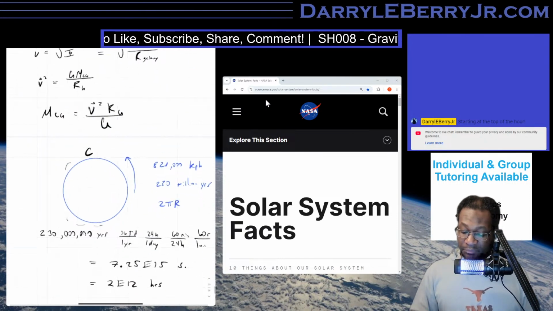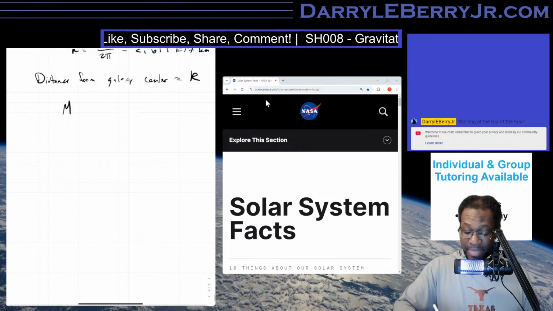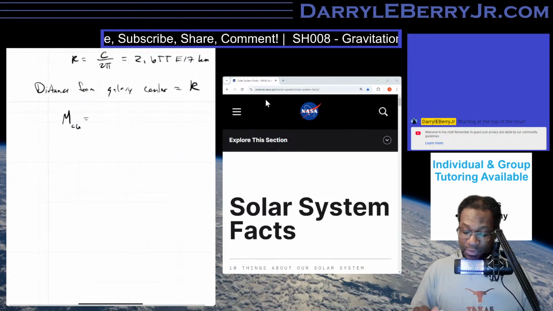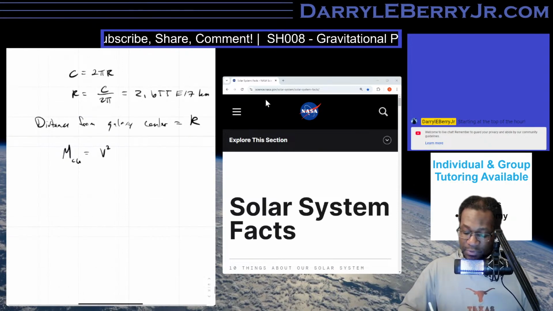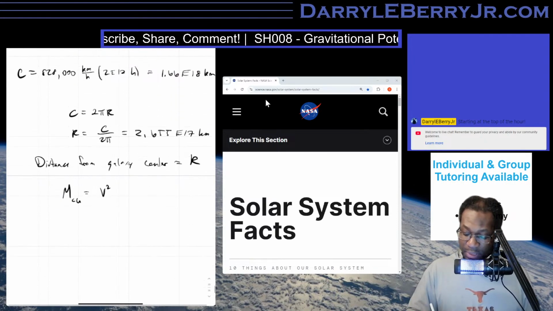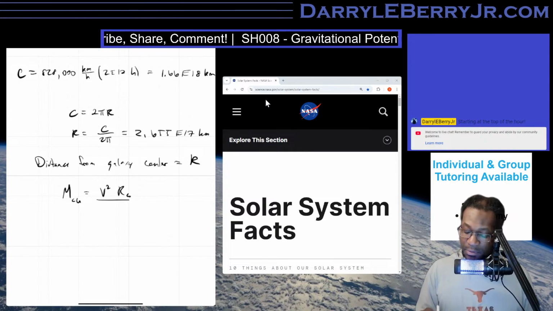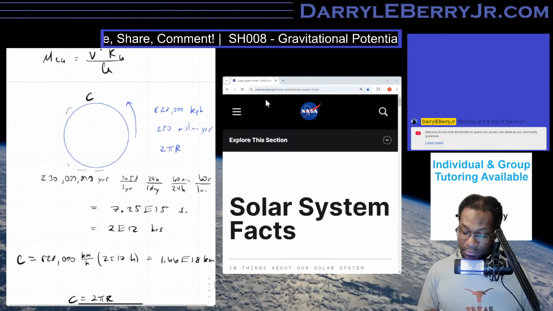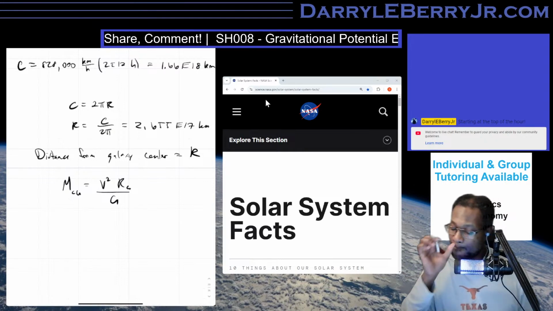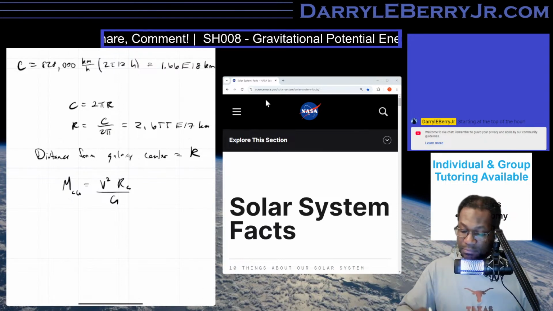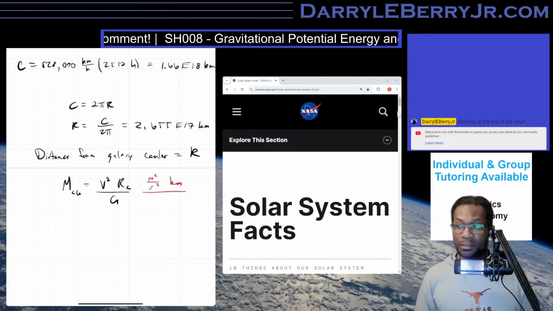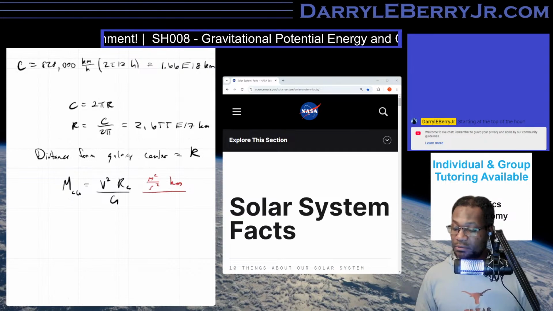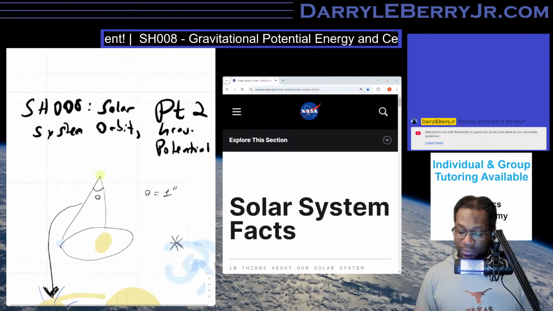All right, I think we have everything we need now. The mass in the center of the galaxy is v squared times R_G over G. Units-wise, this is meters squared over seconds squared, this is kilometers. And what are the units of G again? I have those up here somewhere.